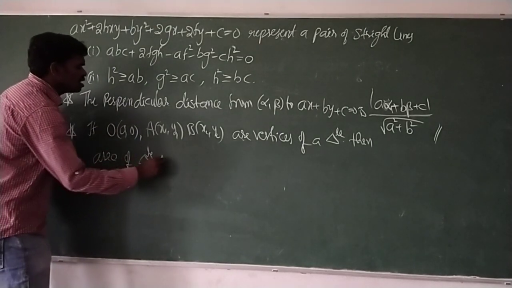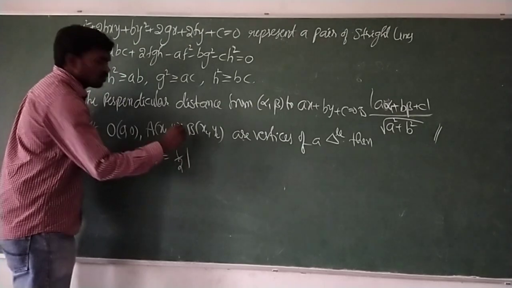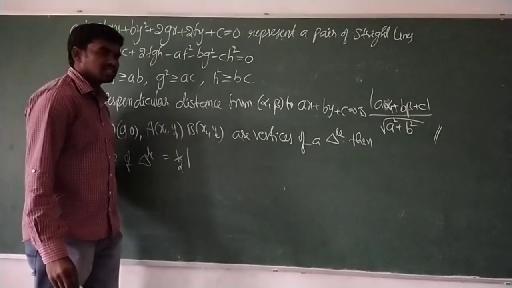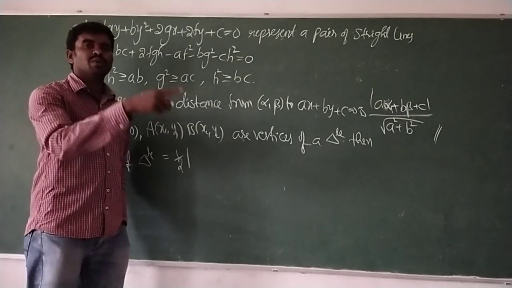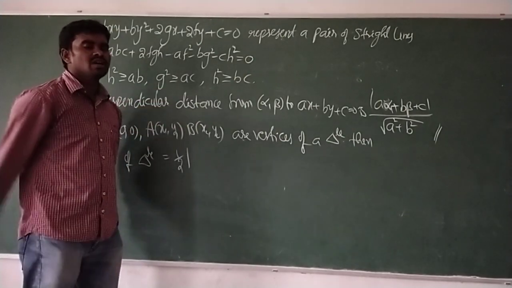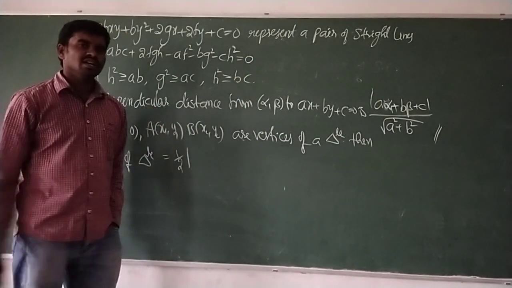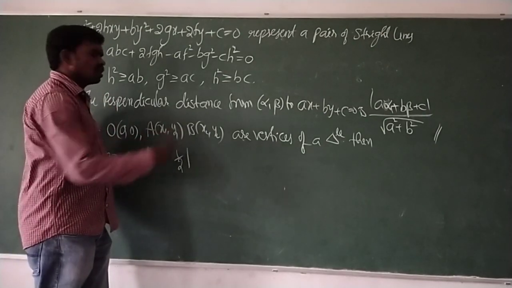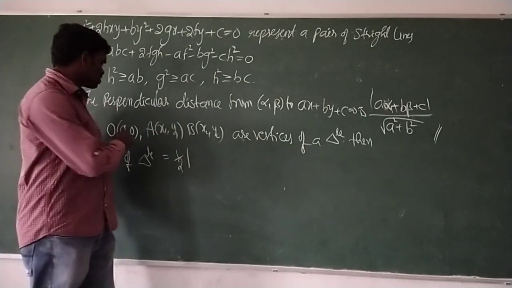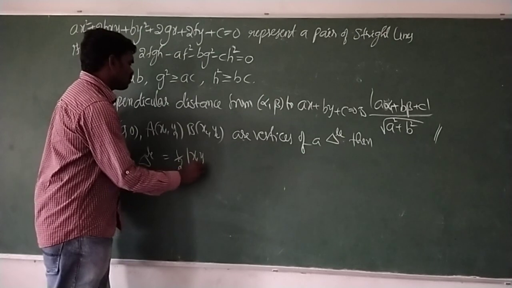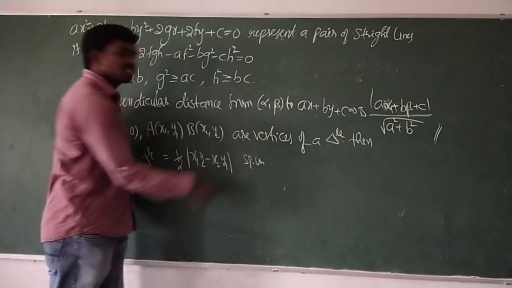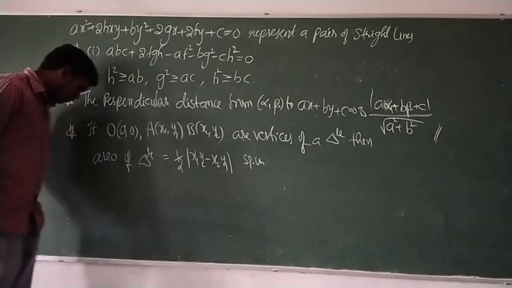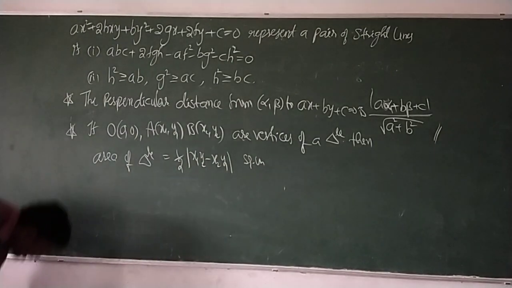We know the area of a triangle already, but once again I am repeating it because it will be used in problem solving. Already: half of x1 into (y2 minus y3) plus x2 into (y3 minus y1) plus x3 into (y1 minus y2), where the three vertices are different. If one of them is the origin, then simply we have half of x1 y2 minus x2 y1 square units. So this is the area of the triangle formula. Is it clear?